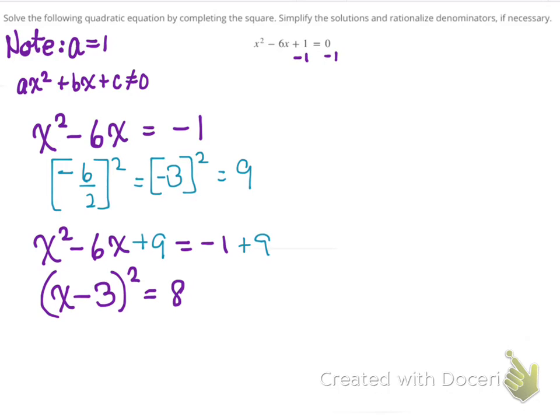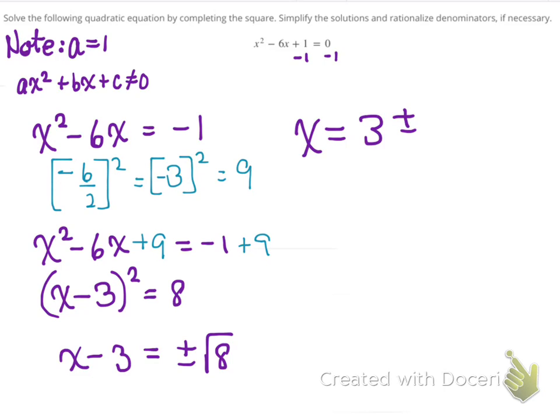So I'm going to take the square root of both sides. x minus 3 equals plus or minus the square root of 8. Now I'm going to add 3 to both sides. x equals 3 plus or minus, and I'm going to reduce the square root of 8, and that's going to give me 2 square root 2.